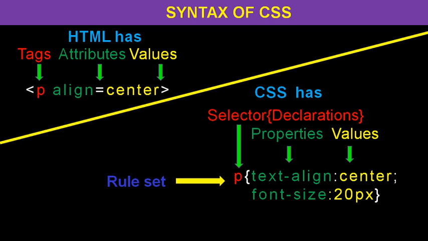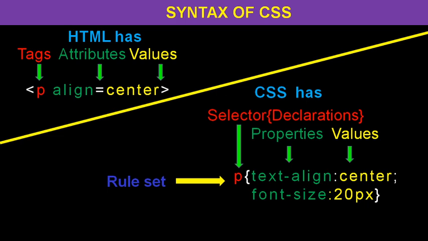So this is all about the introduction to CSS. Today we have seen the full form of CSS, that is cascading style sheets. After that, we have seen how CSS can be used to add different styles to the web page.